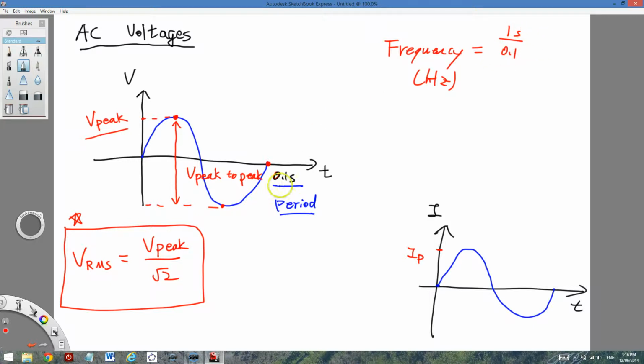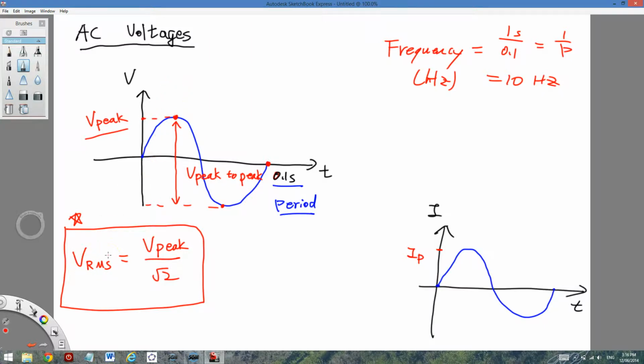So 1 divided by the period gives us 10. The current has 10 periods in 1 second. We call it 10 hertz.